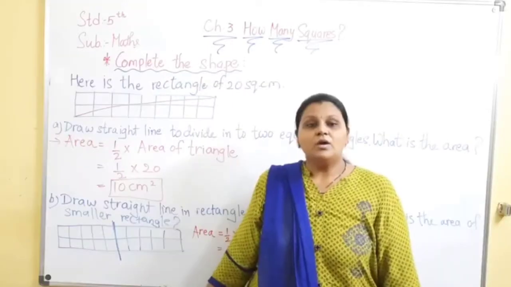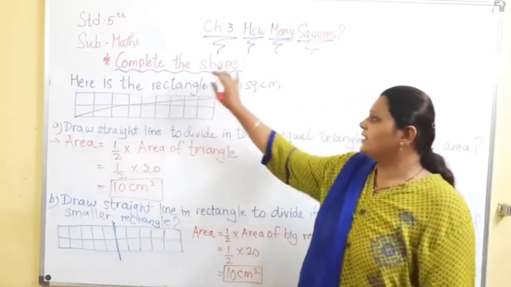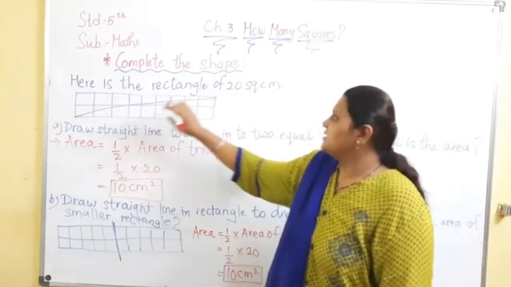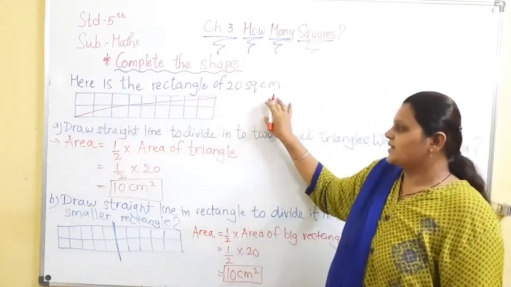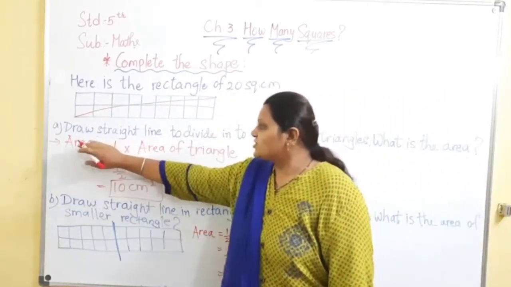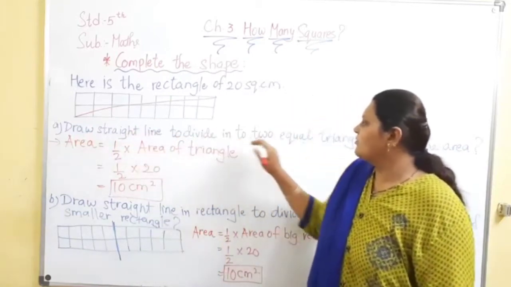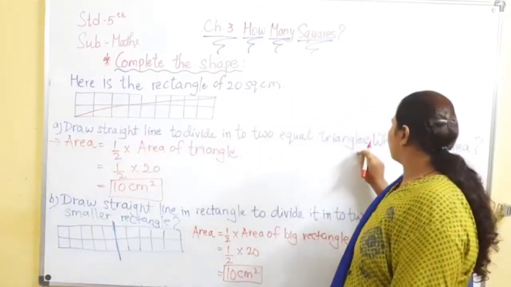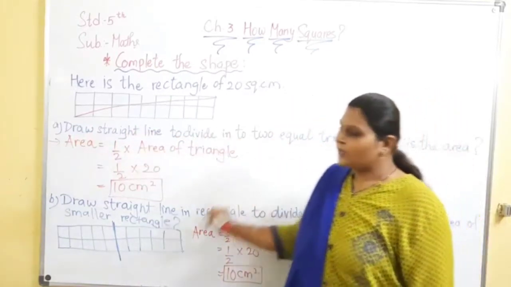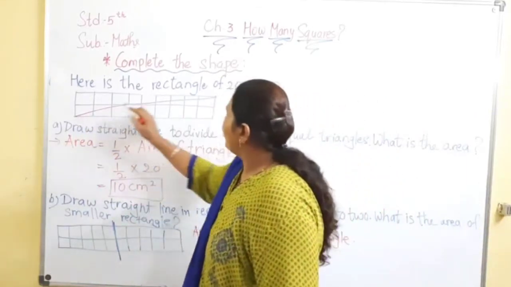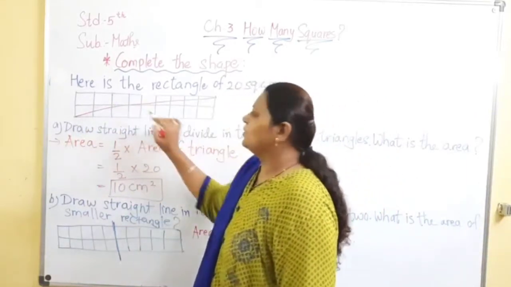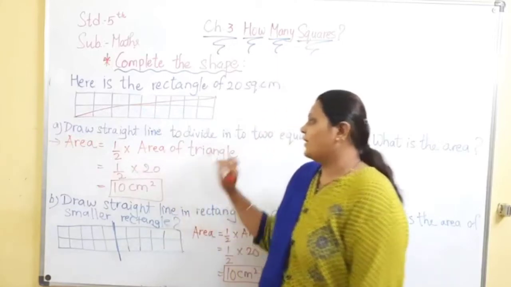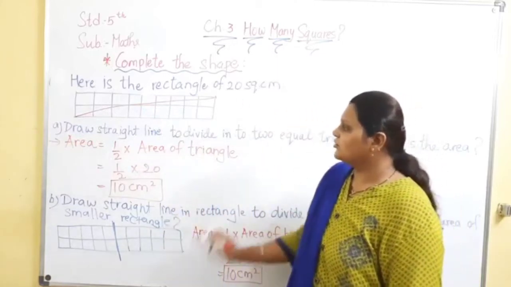Okay. Now next topic is complete the shape. Here is the rectangle of 20 square centimeter. So question 1, draw a straight line to divide it into two equal triangles. What is the area? So here I can draw one line to divide it into two parts. We have to find the area of the triangle.